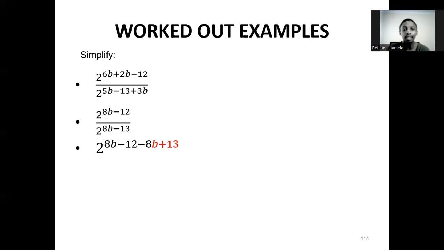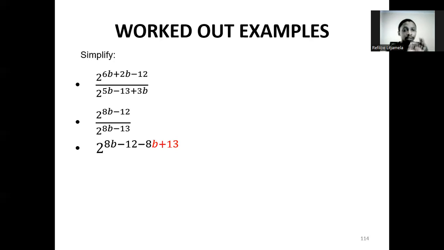So you realize that 8b is now negative and 13 is now positive. It's because when I move them up, I simply change the signs. Why do I change the sign? Now think about it. I'm going to take the numerator exponent minus each of the denominator exponents. Do you agree that I will have 8b minus 12 minus 8b?